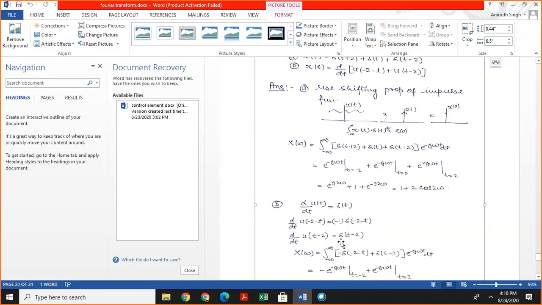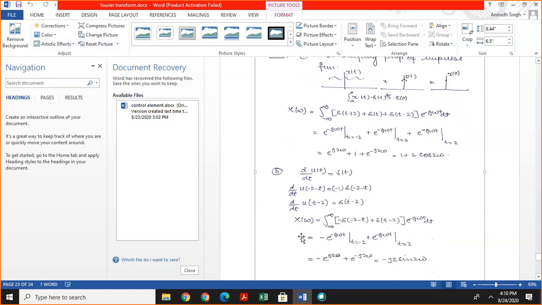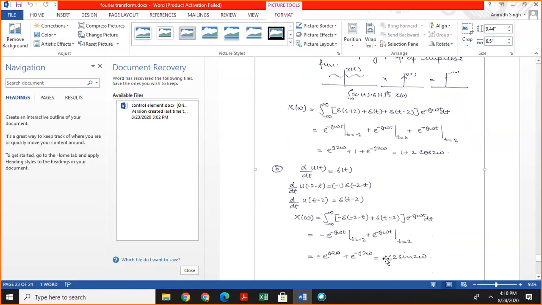Similarly, if you differentiate this unit step function, you get impulse function delta t minus 2. So if we take the Fourier transform of both sides, then we get X of omega is equal to this, and due to impulse function, this function is shifted to t is equal to minus 2, and this is shifted to t is equal to 2, and we get this final expression.